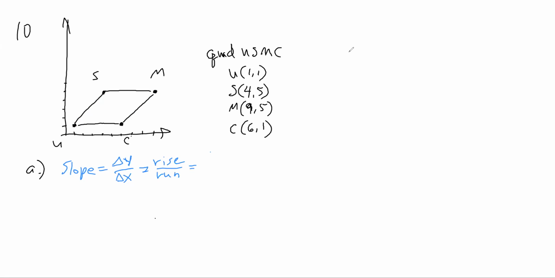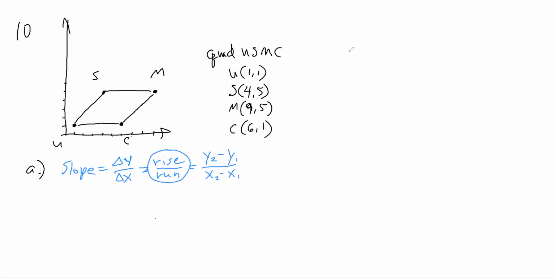Or if you like the formula, you can take the second pair's y value minus the first pair's y value. That gets you the change in y, over the second pair's x value minus the first pair's x value. That gets you the change in x. So all of these are equivalent. I will rely mostly, I think, on rise over run, because with a grid and graphing and knowing the coordinates, that actually will make things easier.